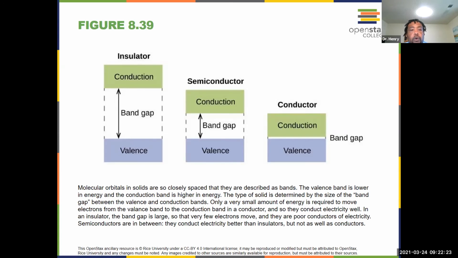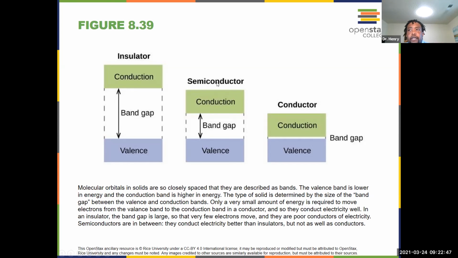Depending on what we're working with, insulators are going to have a huge band gap. So it takes a lot of energy to get from valence to conduction. Because of that gap in between, those energy levels are huge to get across, so you're not able to conduct.